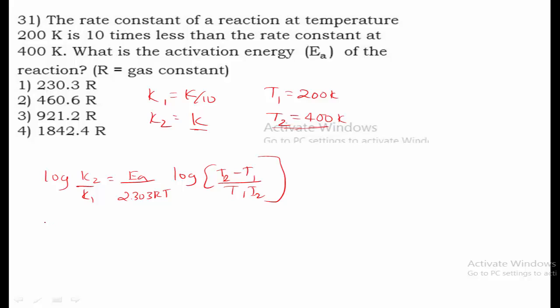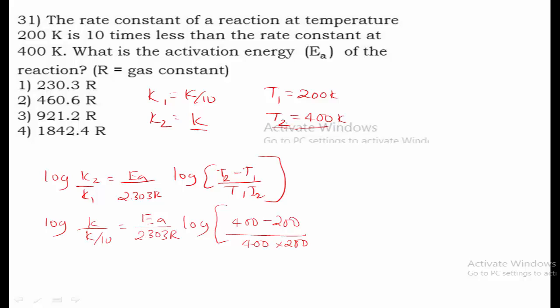Now substitute the values. What you will get? Log K2 is K, K1 is how much? K divided by 10 is equal to Ea divided by 2.303 R. Sorry, this is not T. So log T2 is how much? 400 minus 200 divided by 400 into 200.